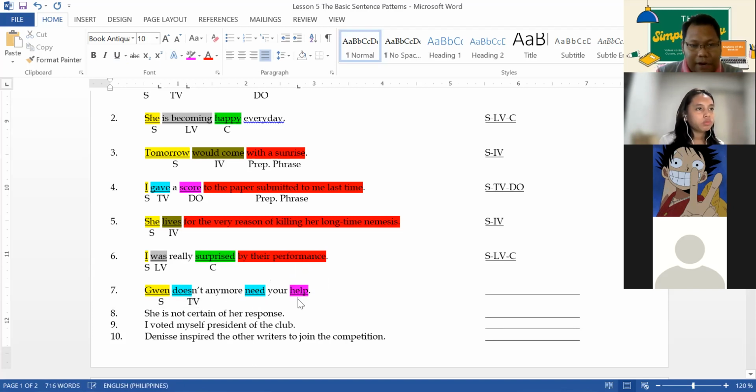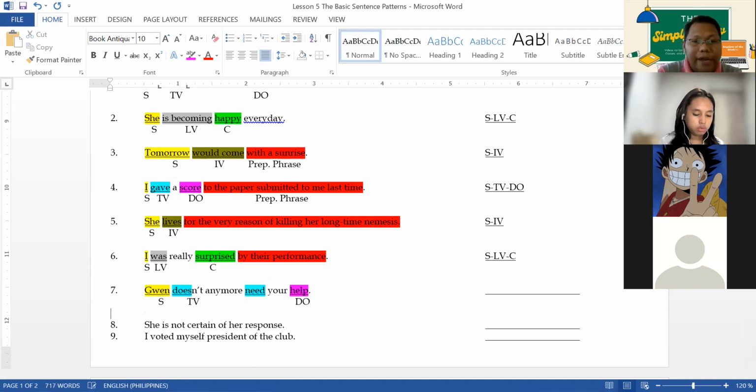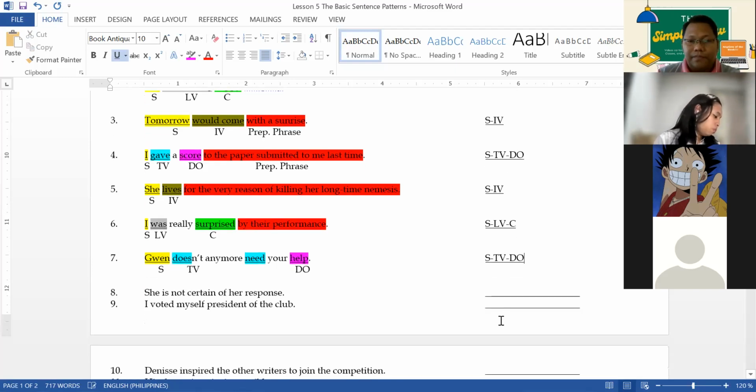And help is our direct object. How do we know that that's a direct object? Simple. Gwen doesn't anymore need what? What's the answer? Your help. Since what has been answered by your help, that means that help is indeed your direct object. Sentence pattern STVDO.